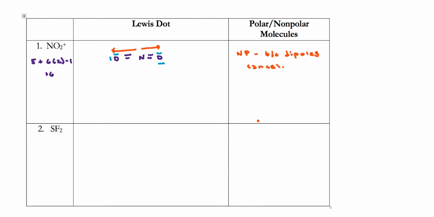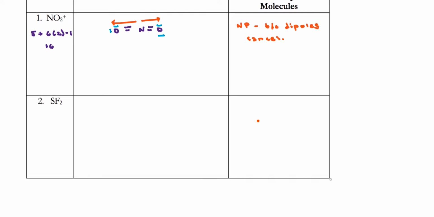Okay, let's look at the next example, SF2. My first step is to determine the number of valence electrons. Sulfur has 6 valence electrons, fluorine has 7, but there are 2 fluorine atoms, so I have a total of 20 valence electrons. I'm now going to share my electrons, so I've got sulfur and fluorine, and another fluorine.